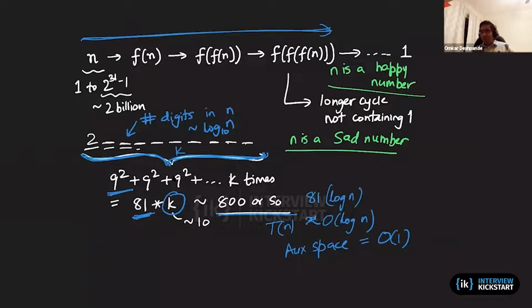The maximum value would be if all of them were nines, which is actually one less than 1 followed by k zeros, which is basically 10 to the power k minus 1.